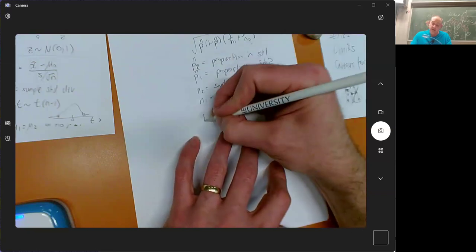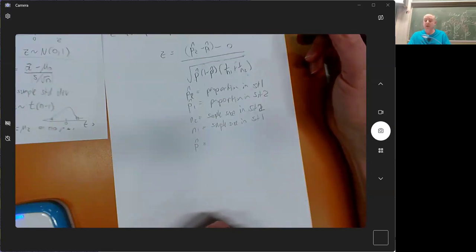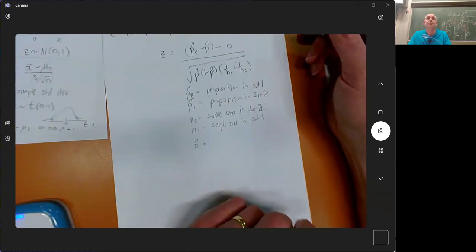And P hat is a combined proportion if you combine the two situations into one big situation.